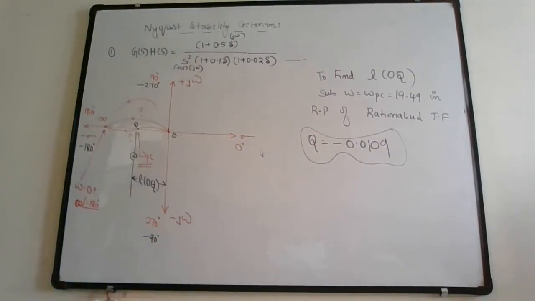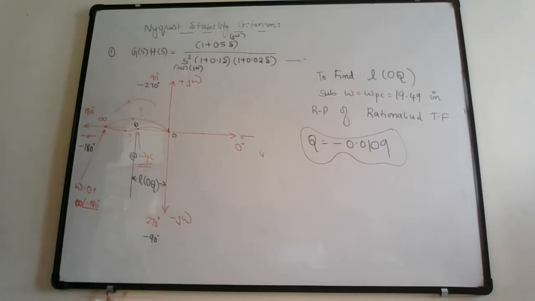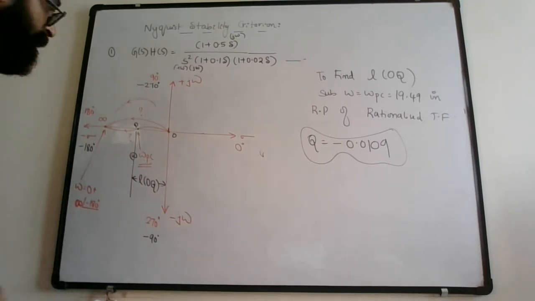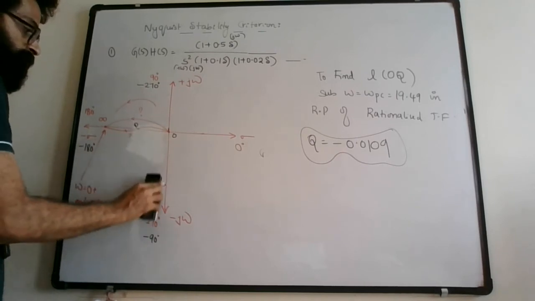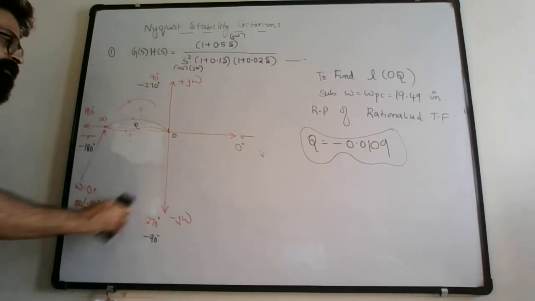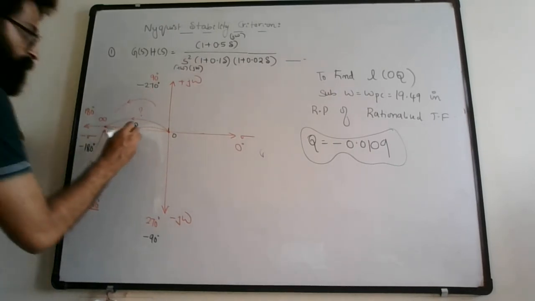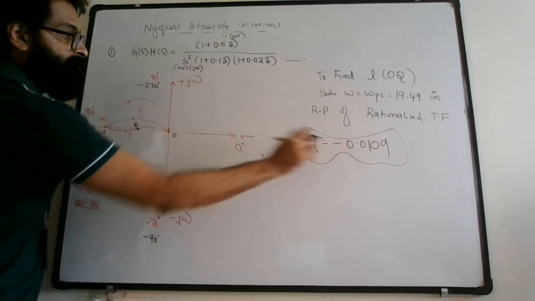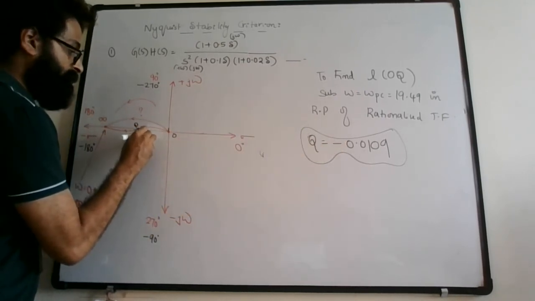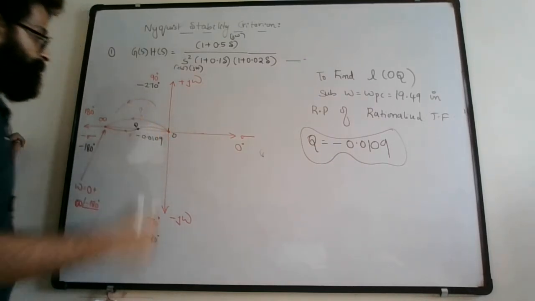So you will get length OQ, or point Q, as 0.09. So this particular point, the point at which the plot cuts the minus 180 degree line, will give you this point Q. So this length, when it is measured from origin, we will get it as minus 0.0109.